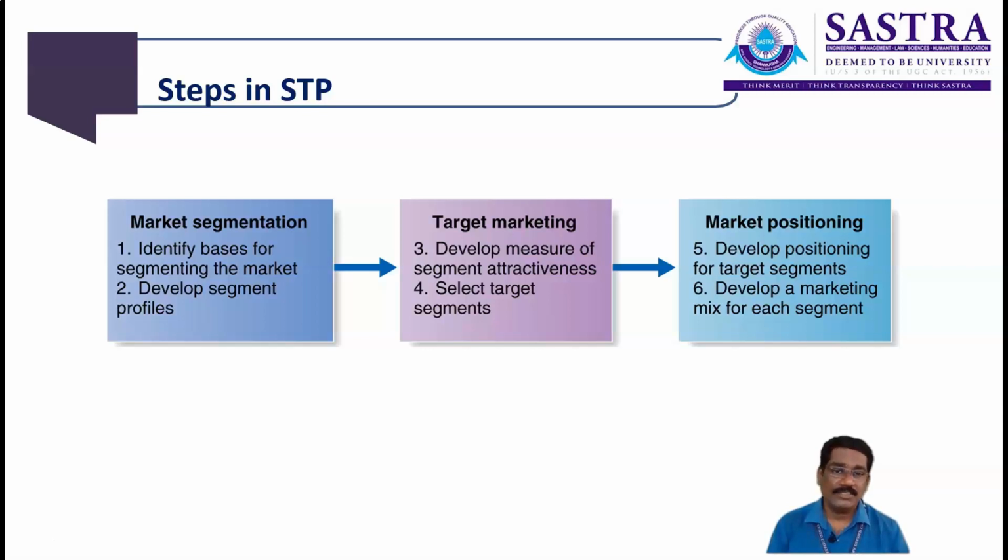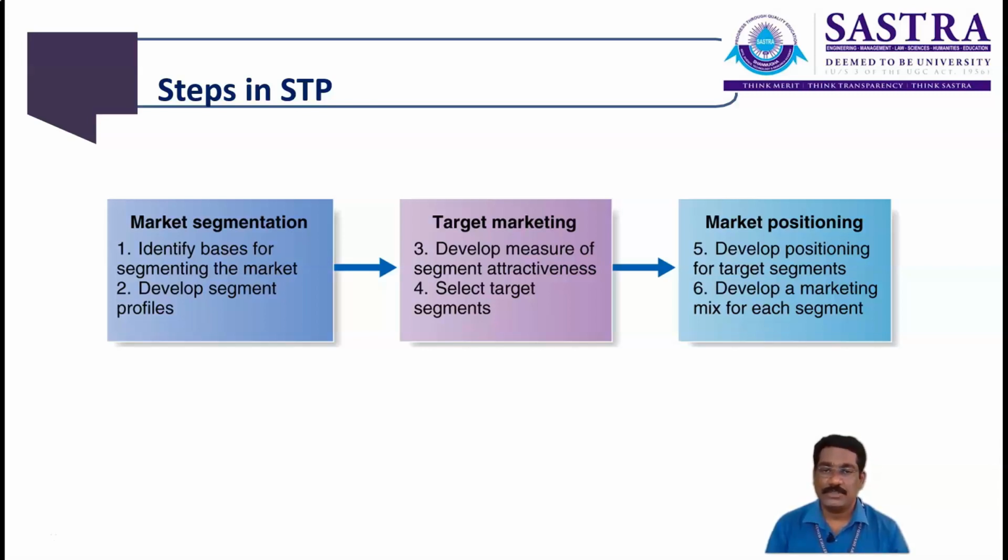And the next one, the last step in the STP process, is developing a marketing mix for each segment. If you understand the needs and wants of the consumers in that segment, what we need to do is offer the right proportion of marketing mix. If I say marketing mix, let's talk about product, price, place, promotion.